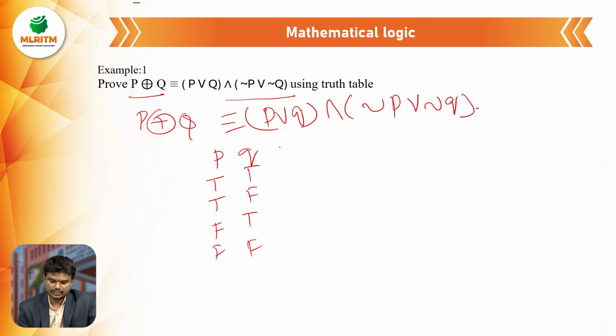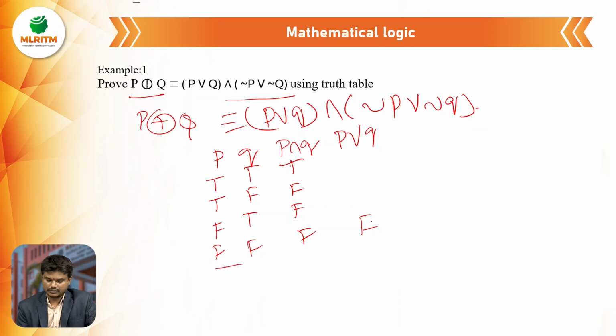So first one is conjunction, P and Q. If both the cases are true, it will be true. Remaining cases are false: true, false, false, false. Disjunction, P or Q. If both the cases are false, it will be false. Remaining cases are true: true, true, true, false.